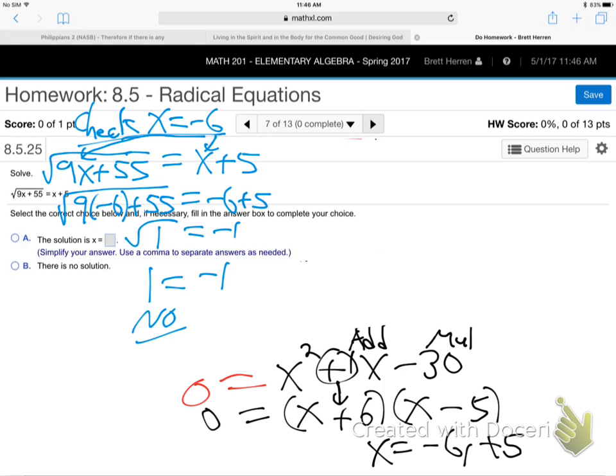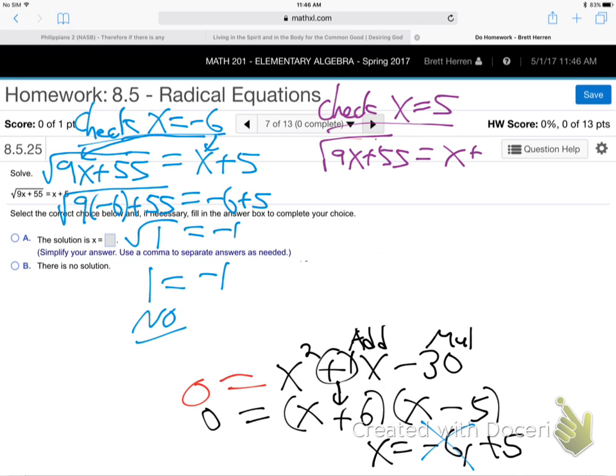So that answer, I throw away the -6. And now let me check the other one. Same equation, back to the first equation. Plug in 5, plug in 5.